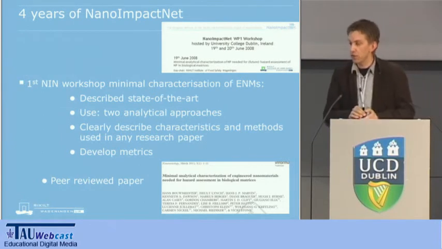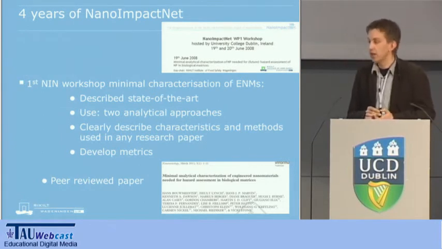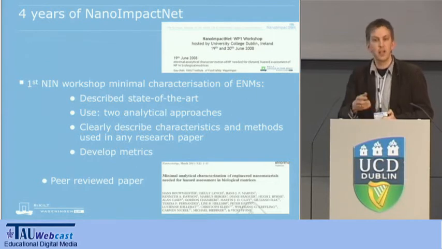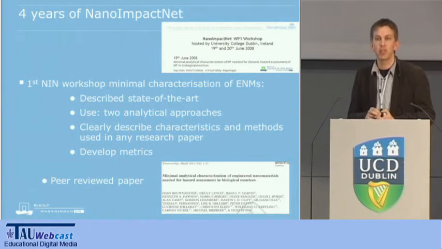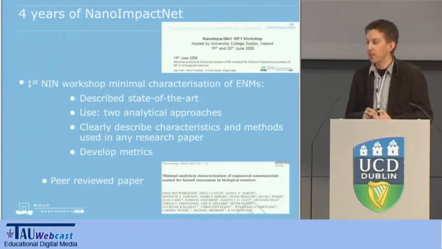Really the first workshop of Nano Impact Net was also here in Dublin on the chemical and analytical characterization of nanoparticles. We described and discussed the state of the art and identified that at least two analytical methods should be used to characterize the nanoparticles.